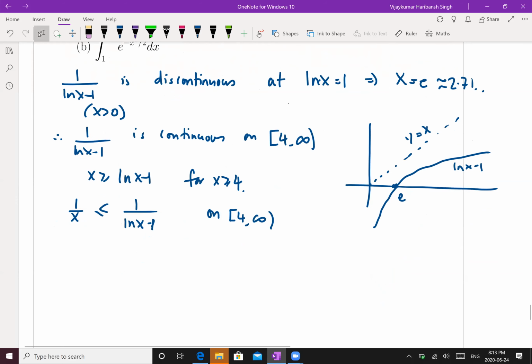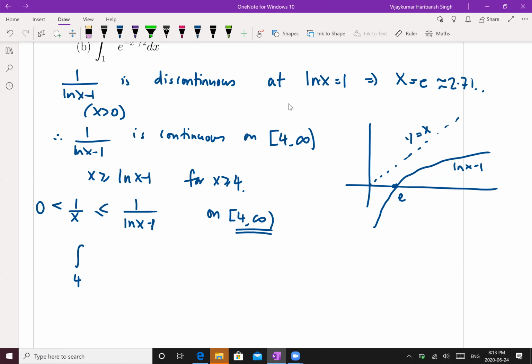So now we need to see. The idea is that you don't choose this directly. We have a plan in mind already that this is going to diverge. So notice that the integral from 4 to infinity, and this is of course greater than or equal to 0, and they are continuous as well on this part.